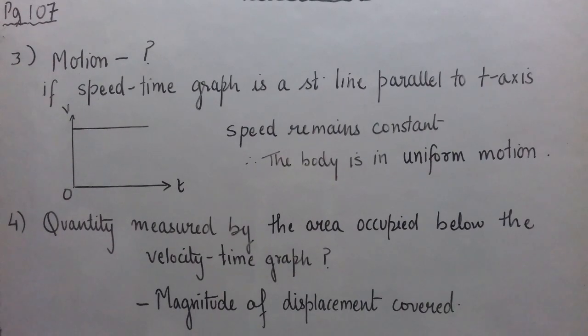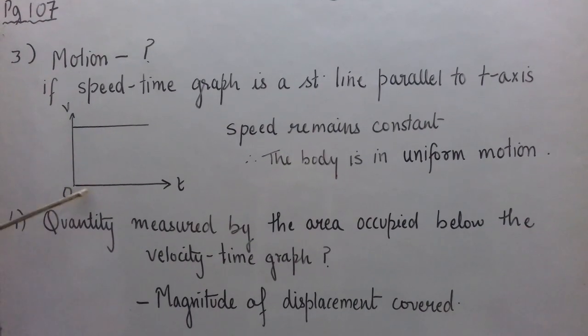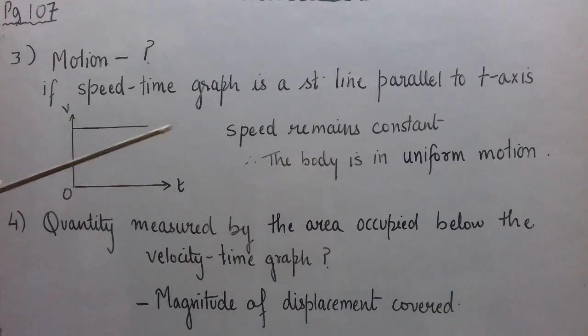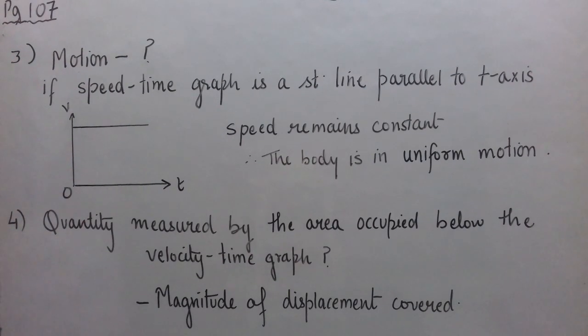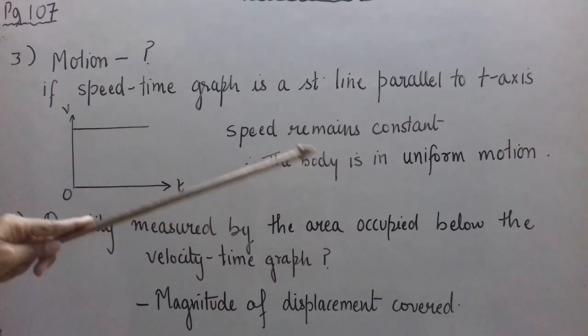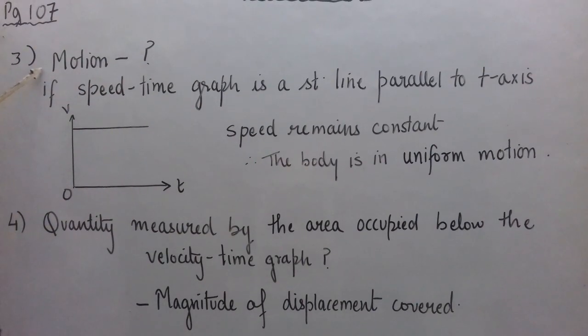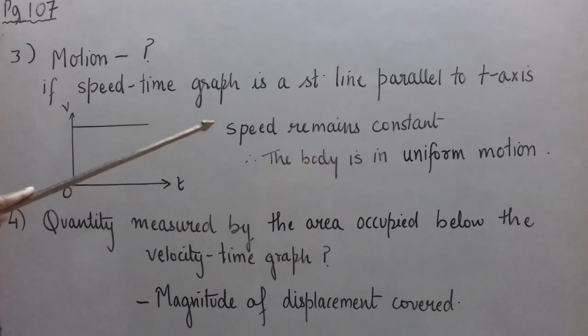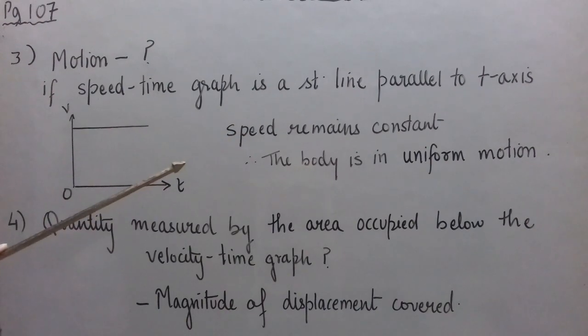In this case, students, we can see that as time passes, the value of speed remains constant. It is not increasing or decreasing. We know when speed remains constant, the motion is uniform motion. So the body is in uniform motion as speed remains constant with time.